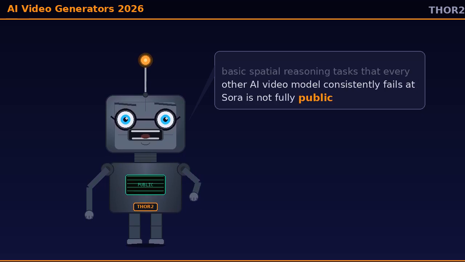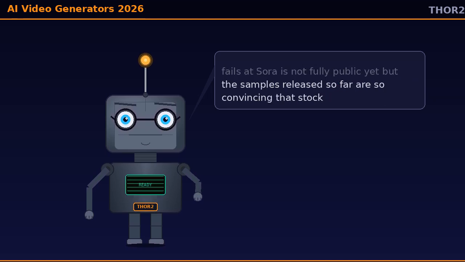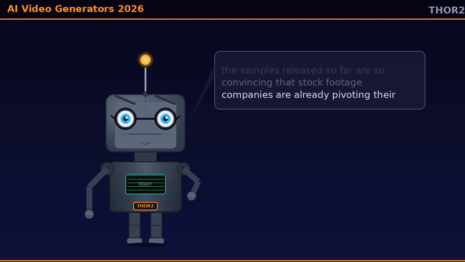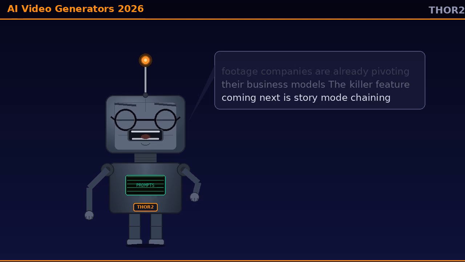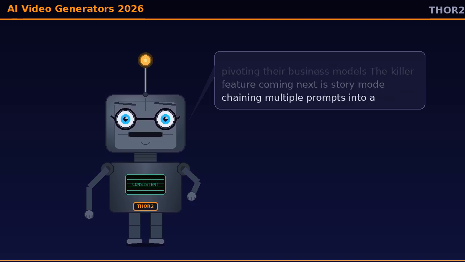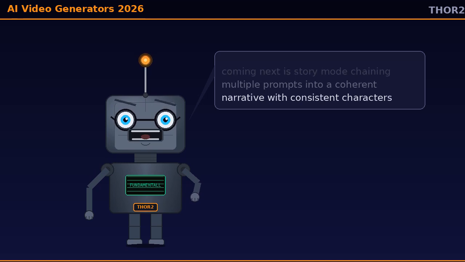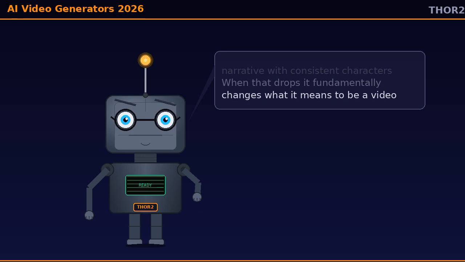Sora is not fully public yet, but the samples released so far are so convincing that stock footage companies are already pivoting their business models. The killer feature coming next is story mode, chaining multiple prompts into a coherent narrative with consistent characters. When that drops, it fundamentally changes what it means to be a video creator.